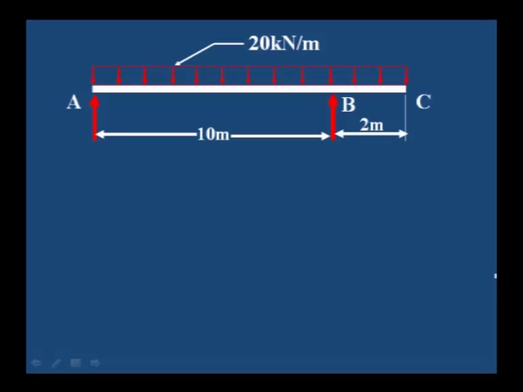Another simple case is where only a uniformly distributed load is acting throughout its length. This is the overhanging beam. On the right side there is a 2 meter overhang, the simply supported span is 10 meter, and 20 kilonewton per meter is the uniformly distributed load acting.